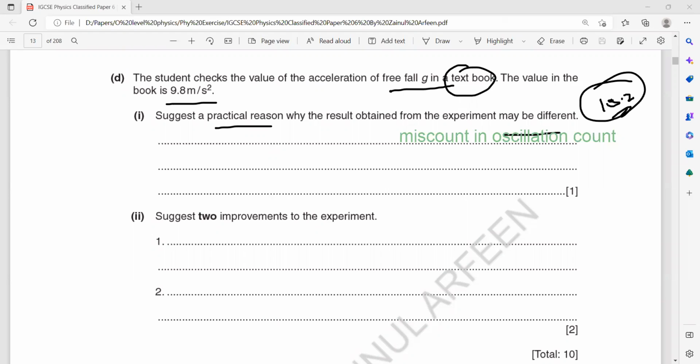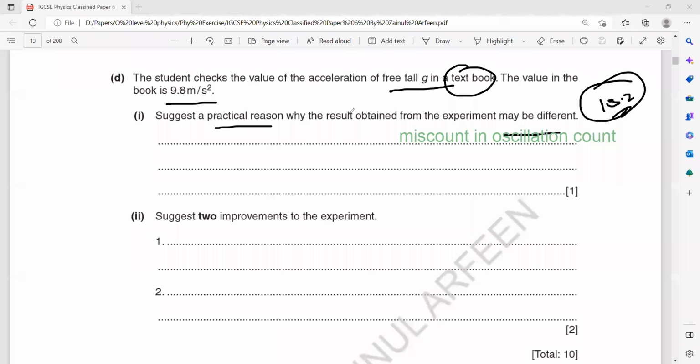We have to mention an experimental technique here: suggest a practical reason why the results obtained are different. So why practical? You cannot mention air current here.